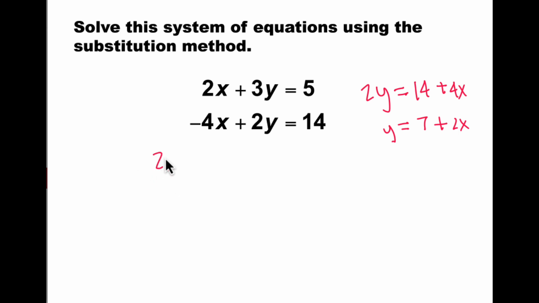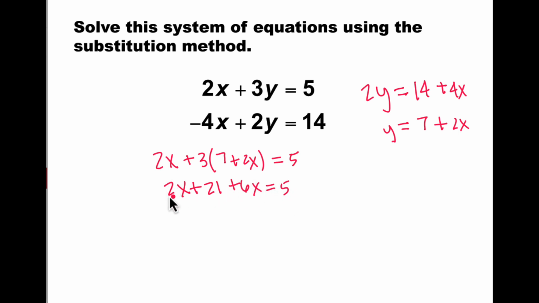So we have 2x plus 3 times the expression 7 plus 2x equals 5. 2x plus, and we distribute the 3, 21 plus 6x equals 5.